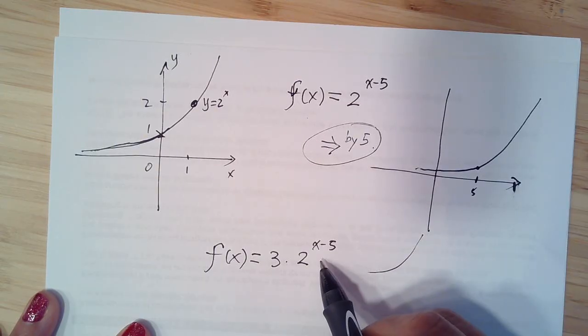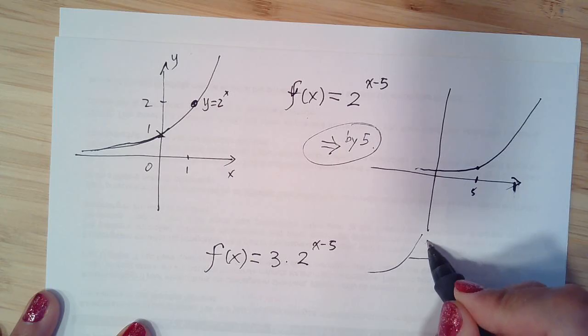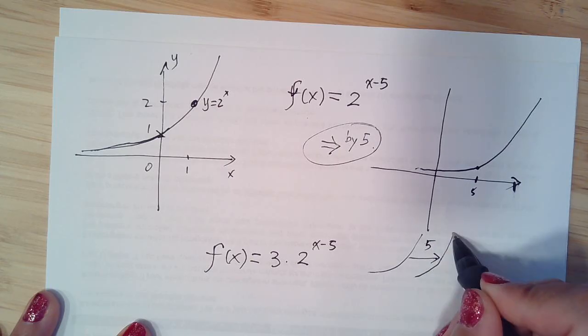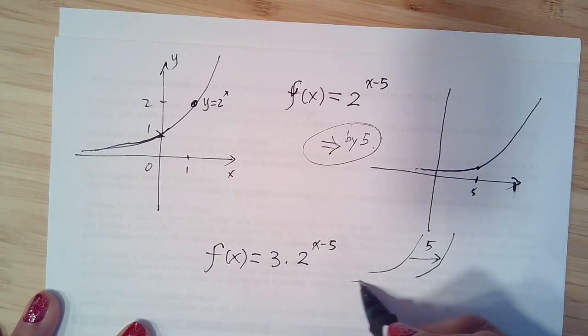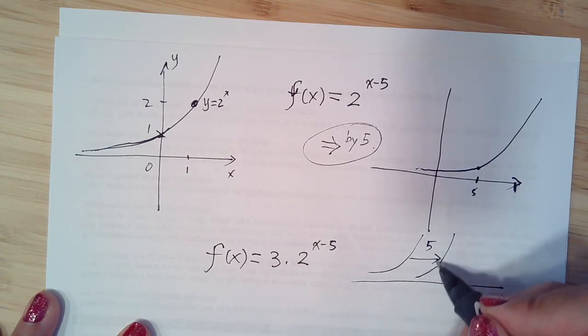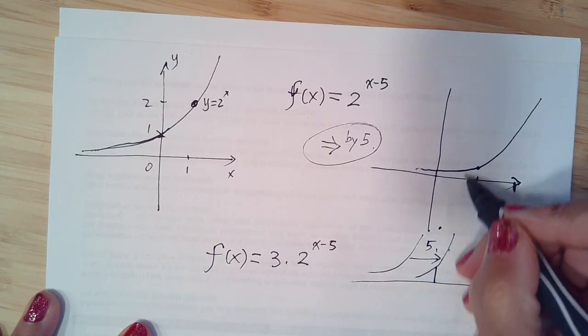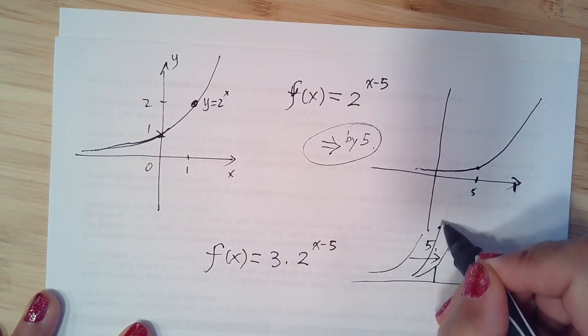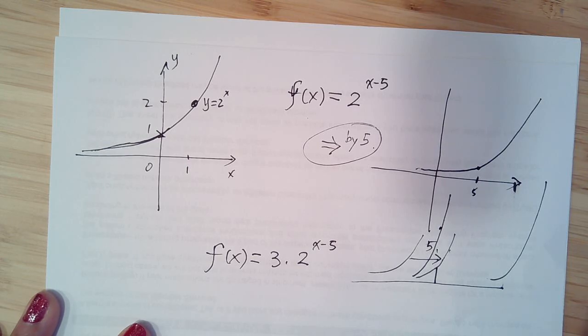From the parent function, first you shift it to the right by 5. And then you multiply by 3, which means for every y, you're going to triple it. So you're going to get something really sharp. It looks like this, and that is your new graph.